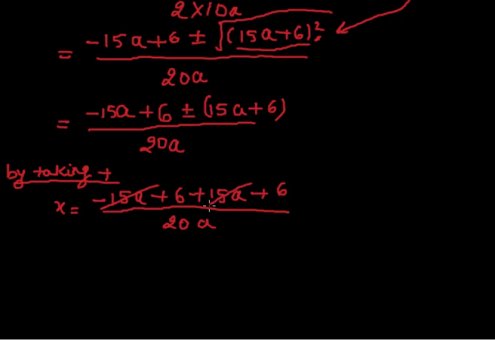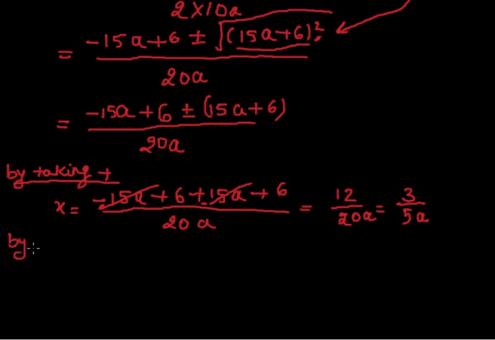These terms are cancelled out because this term contains the plus sign and this term contains the minus sign, and the value of x would be equal to 12 by 20a, and if we cancel it out, the remaining terms are 3 by 5a.